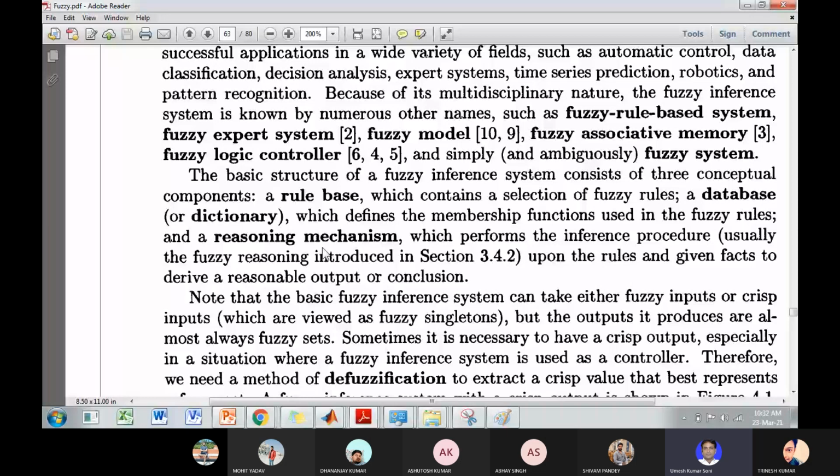Suppose, as I had implemented the controller in my MTech, I had to brake the vehicle from a certain speed. Suppose that speed is very high and the distance of the obstacle is very high, then the braking force should be high.